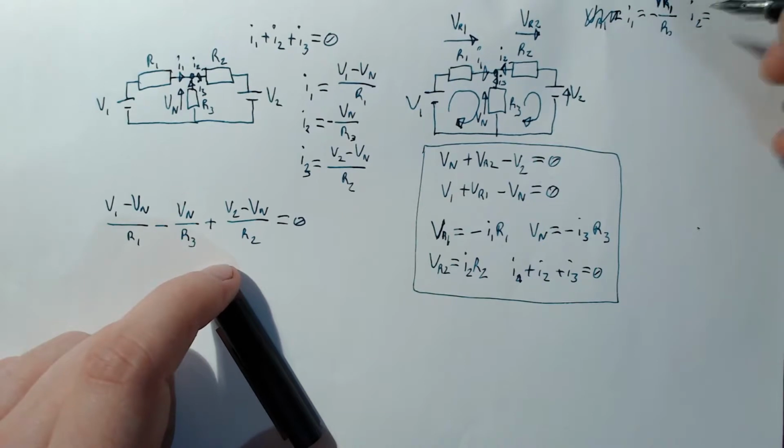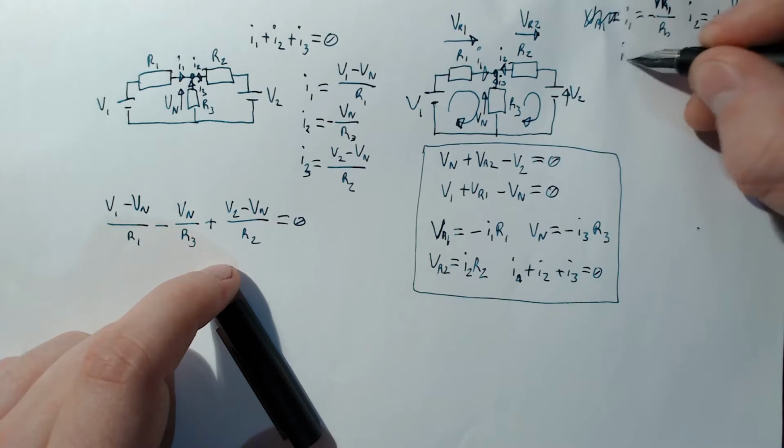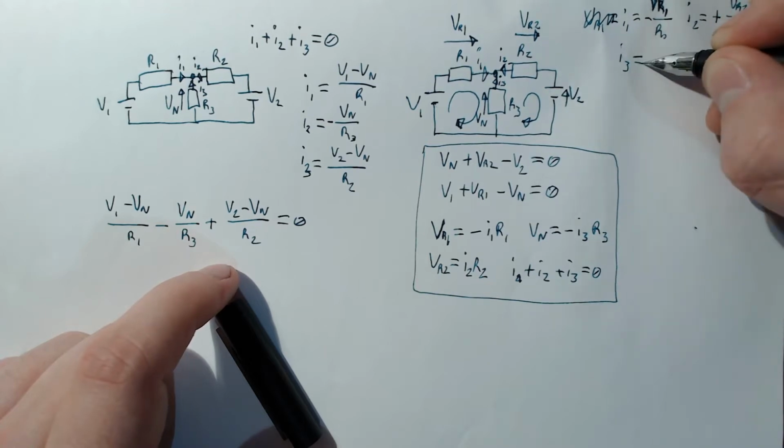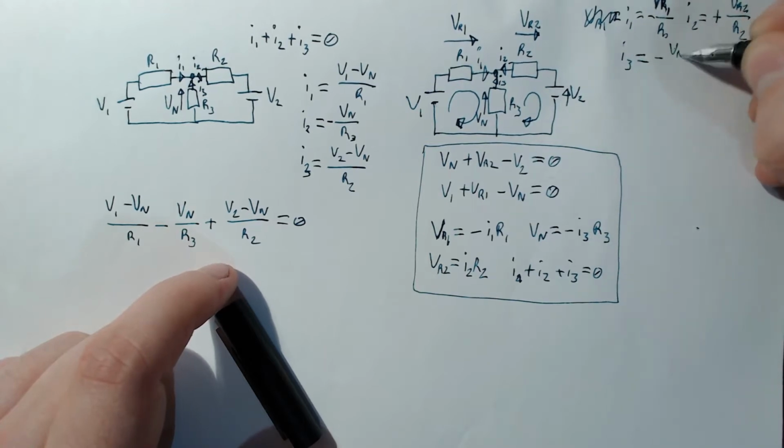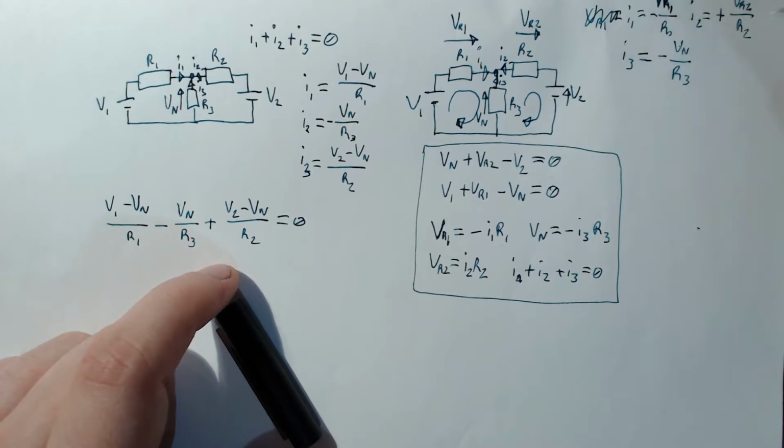I2 equals minus, that's not I2, is it? I2 is positive, VR2 over R2, and I3 equals minus Vn over R3.